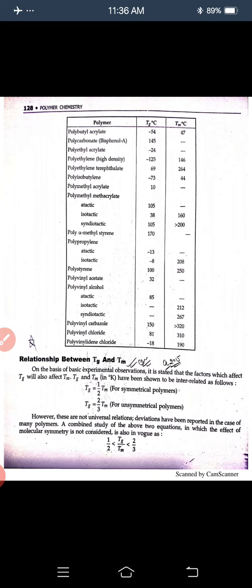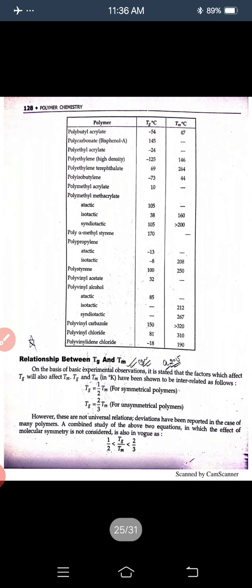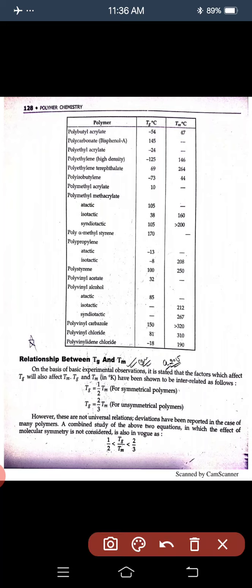Relationship between Tg and Tm. What is the relation between glass transition temperature and melting temperature? This is important for the exam.